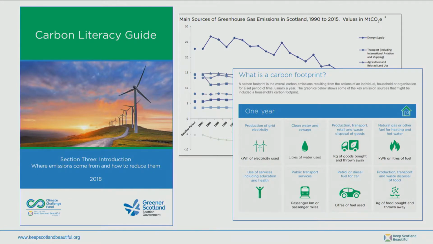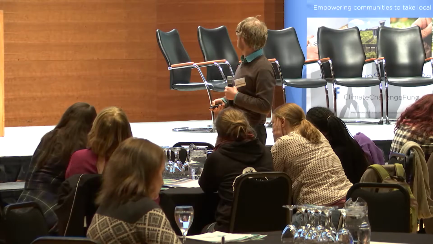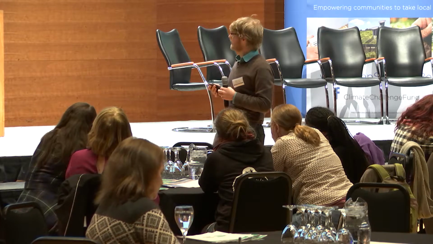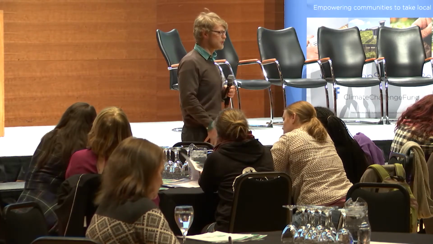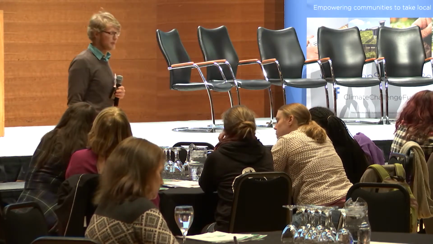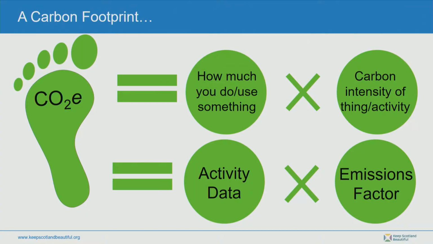So what makes up our typical footprint? Where are the most emissions coming from? Where are the biggest opportunities for saving? And then we come on to saying, well, how do we reduce them? So we came up with this idea, this theory of change, I guess, we're calling it, for how to shrink a carbon footprint.